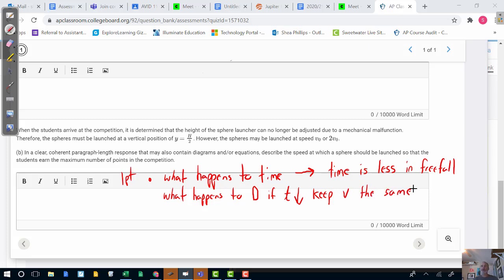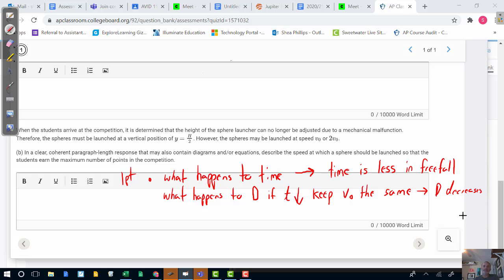All right, so what happens to d if t is less and you keep v the same? And remember, that's the initial velocity. You might be able to just picture this, but d is going to decrease. So d decreases. Therefore, you're not going to hit the 4-point zone anymore.